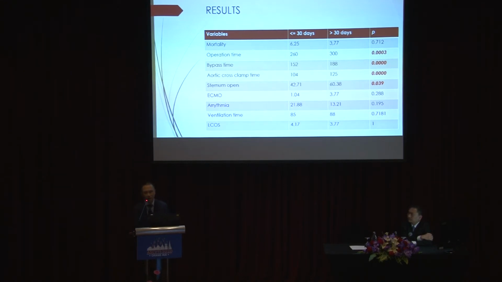Okay, we decide on the echo imaging. If the patient does not have a banana shape of the LV, and especially if the posterior wall of the LV is more than 3 millimeters, we go ahead to do the primary ASO.